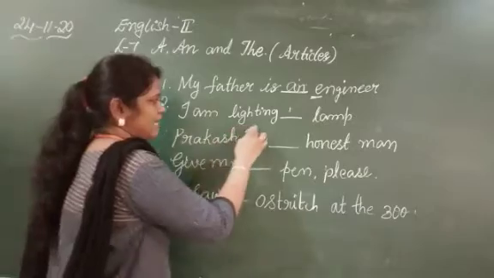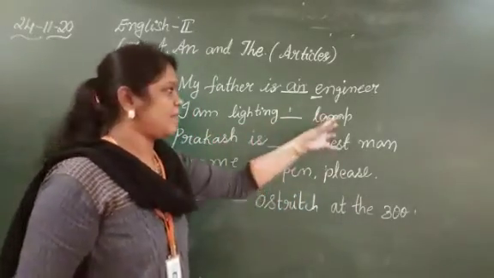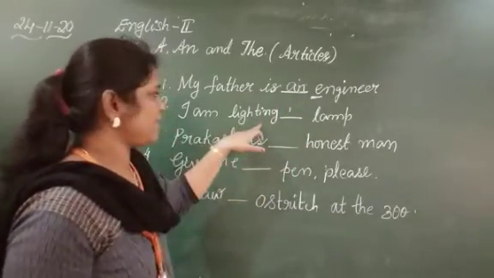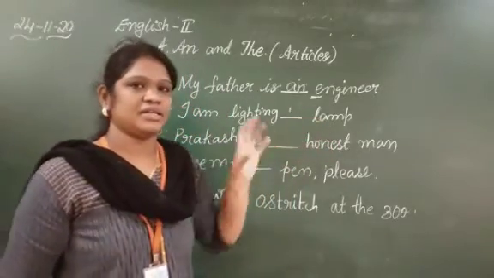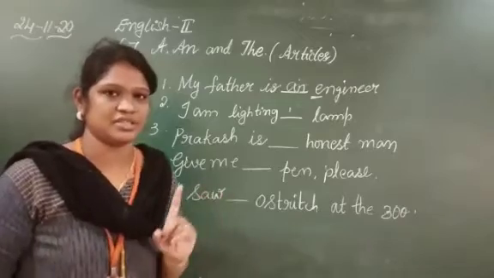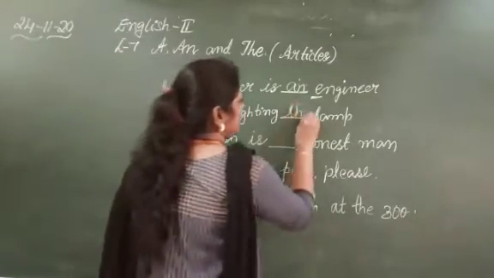I am lighting dash lamp. We are talking about a particular lamp. I told you earlier, for a particular thing, singular or plural, we have to use the. I am lighting the lamp.